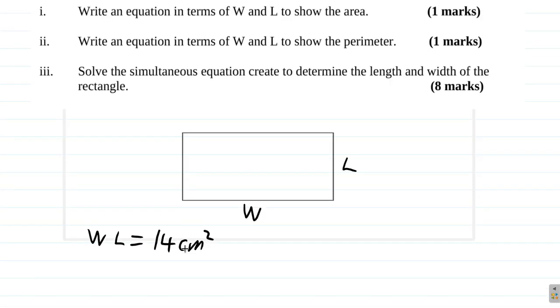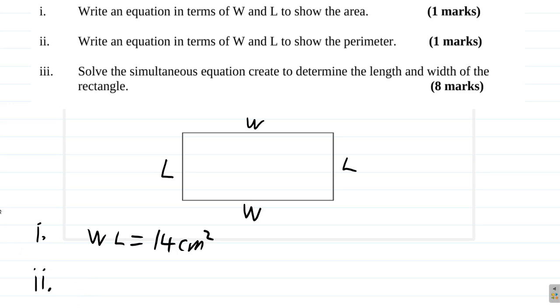Now this was part 1 of the question. Now let's look at this as part 2 of the question. And we have W at the bottom, W at the top, L on the right, L on the left. Now the perimeter.